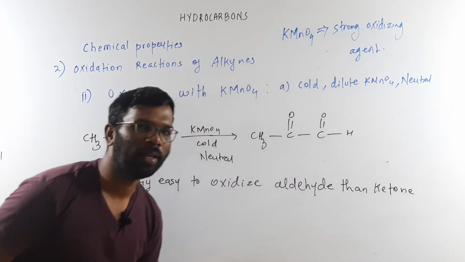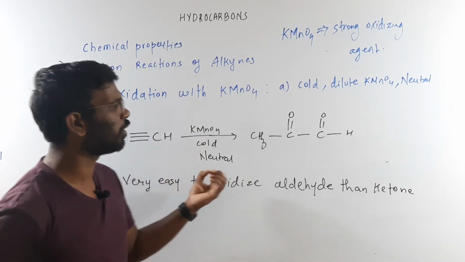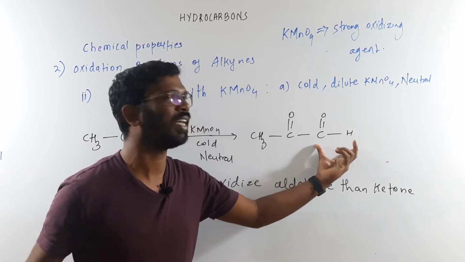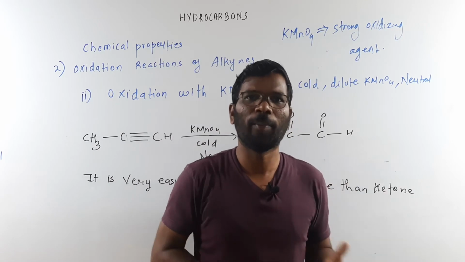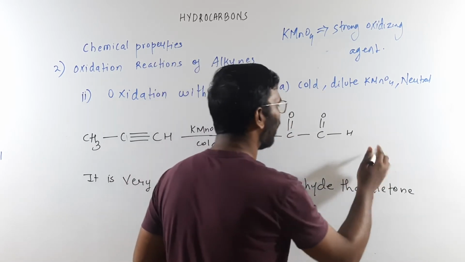Oxidation of the aldehyde is done very easily. So there will be some amount of KMnO4 in the reaction mixture that will immediately oxidize this aldehyde. Oxidation of the ketone is still difficult compared to that of the aldehyde. So here oxidation of the aldehyde will take place.